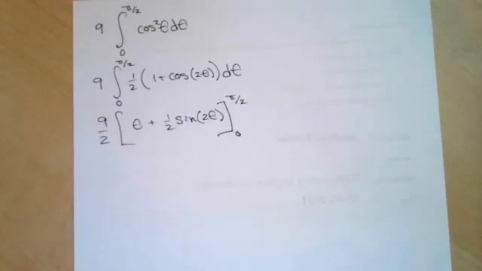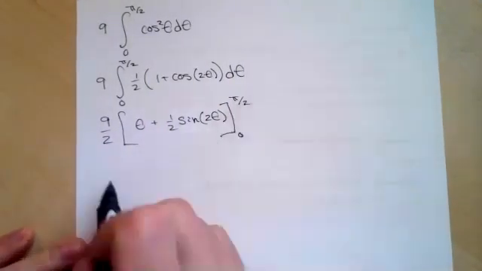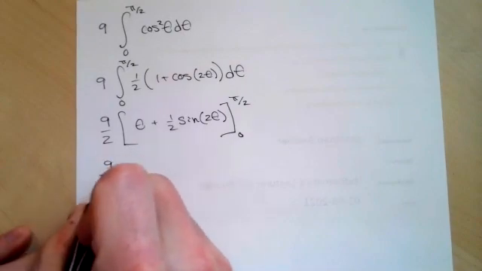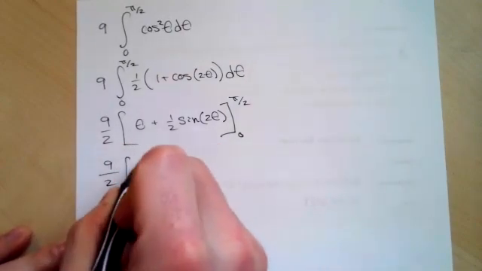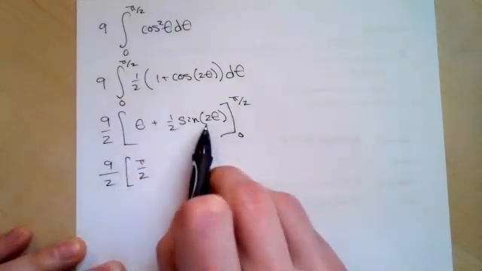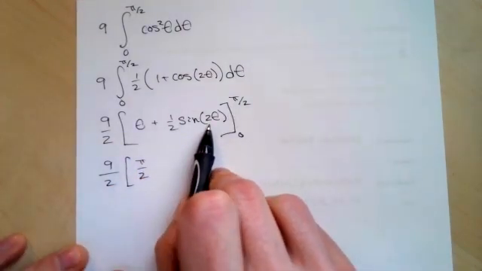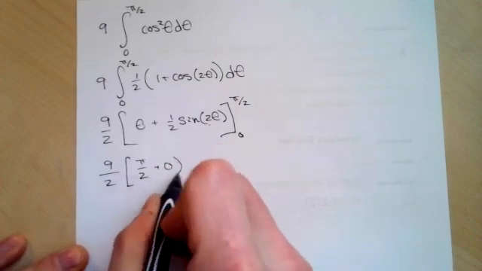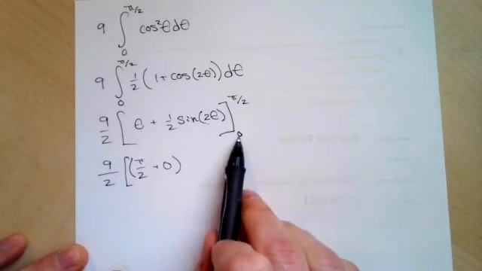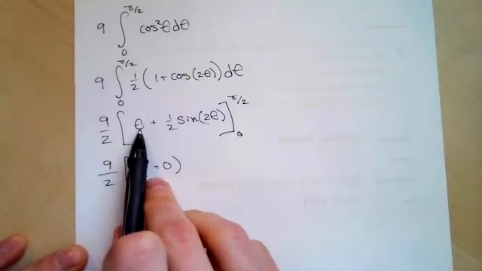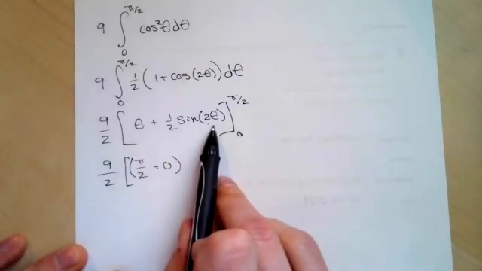And we got to evaluate that between 0 and pi over 2. When we plug in our pi over 2, we get pi over 2. What's sine of pi? Just 0. Yep.